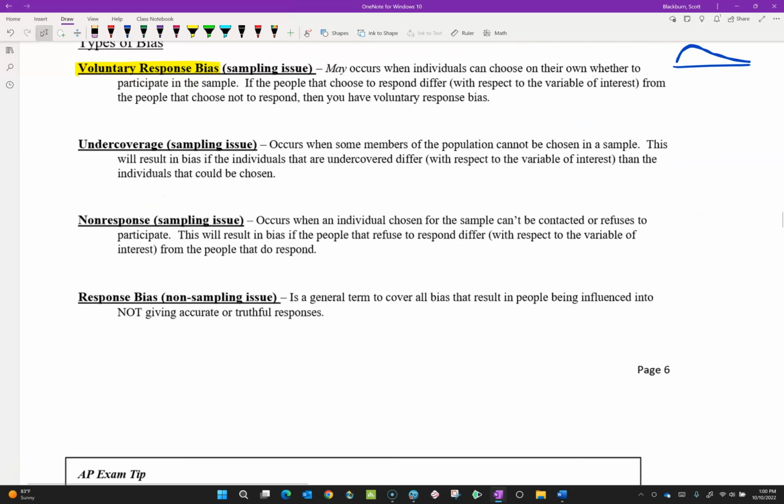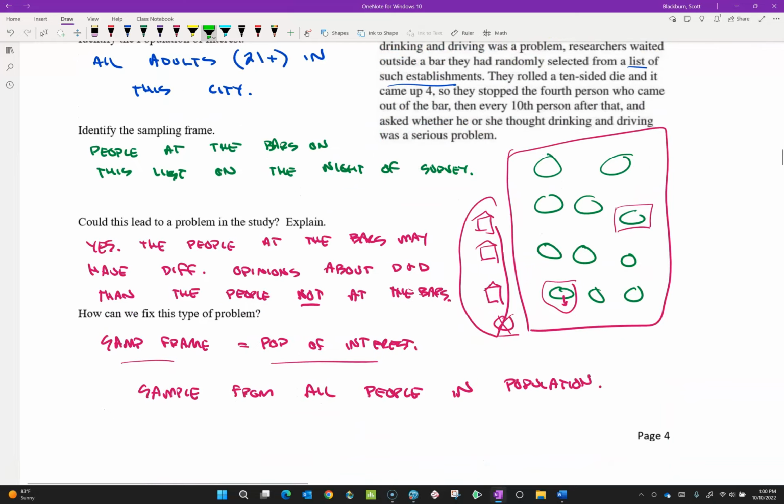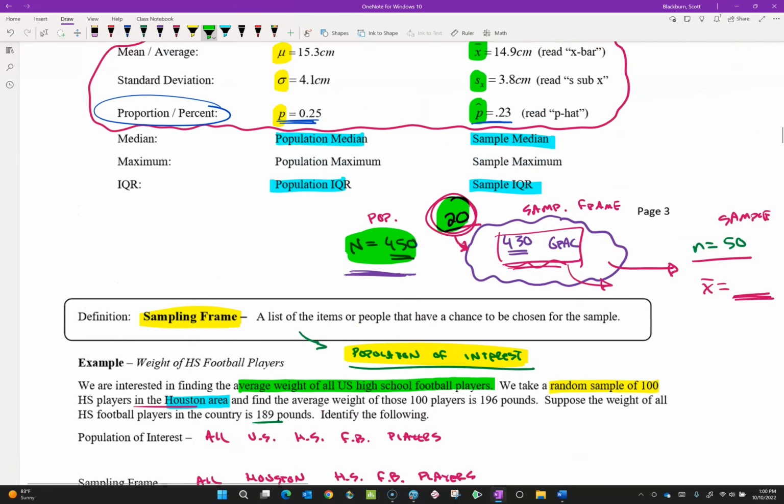Okay? Undercoverage. This is another sampling issue. This occurs when some members of the population cannot be chosen in a sample. This will result in bias if the individuals that are undercovered differ with respect to the variable of interest from the individuals that were chosen. So if we go right back to my original little example, this kind of highlighted that.